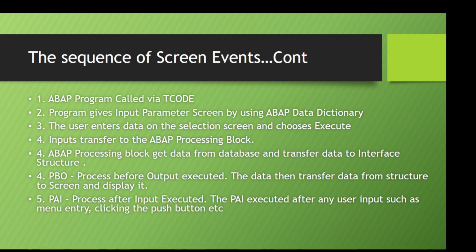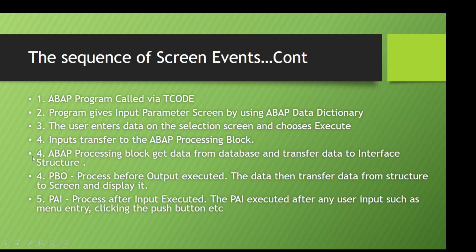When we give the sale order number, it goes straight to step number 3. The user enters on the selection screen, as we entered the sale order number, and in the fourth step, the input is transferred to the ABAP processing block. So when we enter the sale order number, the input is transferred to the ABAP processing block.